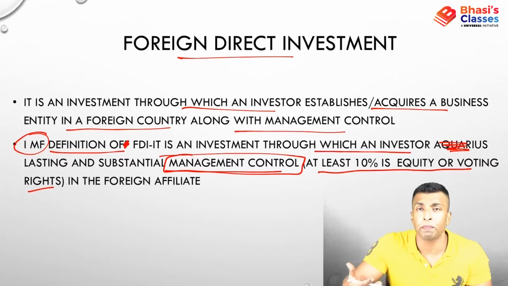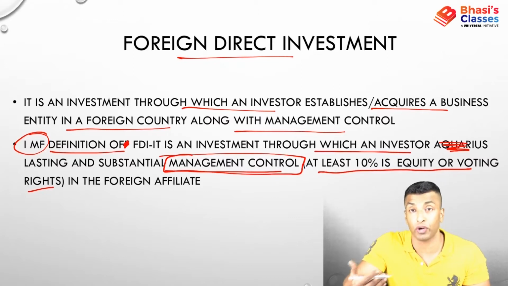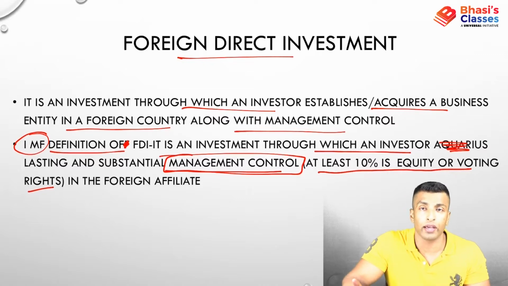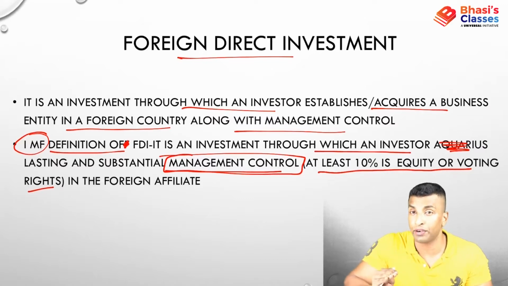So in a foreign company, you have 10% of voting rights or equity, and you have management control. The difference between FDI and FIIs is basically related to management control. In FDI there is a direct relation, whereas in FII there is an indirect, anonymous relation.